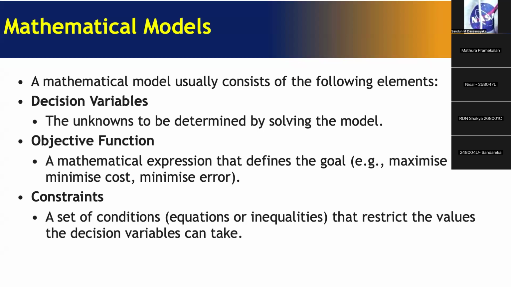So the objective function can be the mathematical expression that defines the goal. So you have to maximize the savings. For example, you have 1,000 rupees, and you have to minimize the cost.